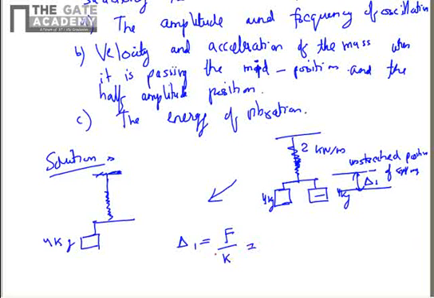F is equal to kx, so x is equal to F by k. The force acting on the spring is two masses of 4 kg each times 9.81, so mg is the force. The stiffness of the spring is 2000 Newton per meter. So you get the deflection in meters, equal to 0.03924 meter.